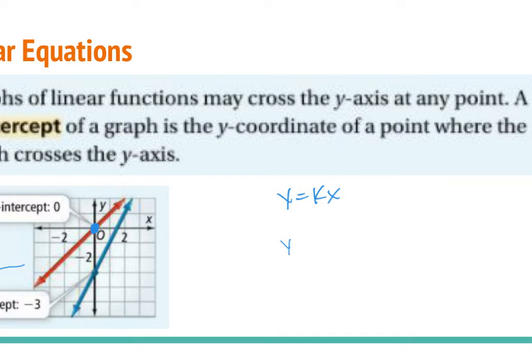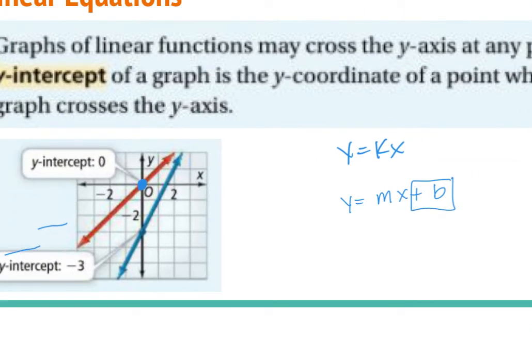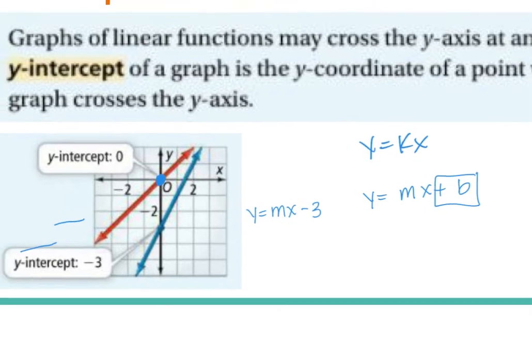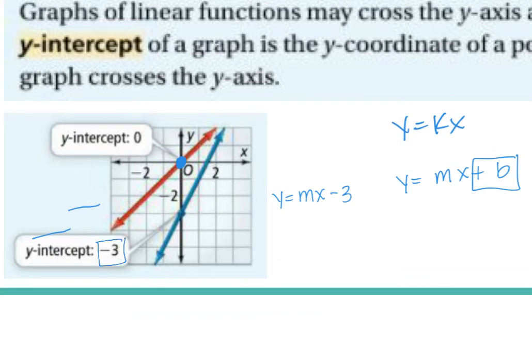If you have y equals mx plus b, the plus b is whatever your y-intercept is. So for example, this blue graph is in the form y equals mx minus 3, because it crosses the y-axis at -3. So our b equals -3.